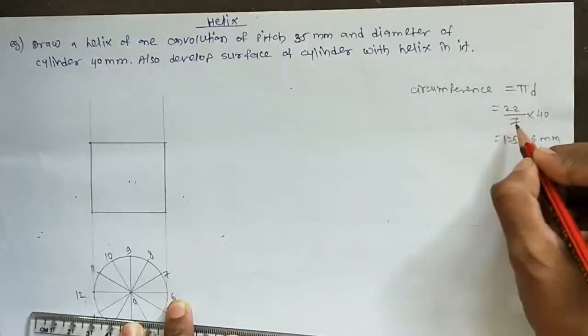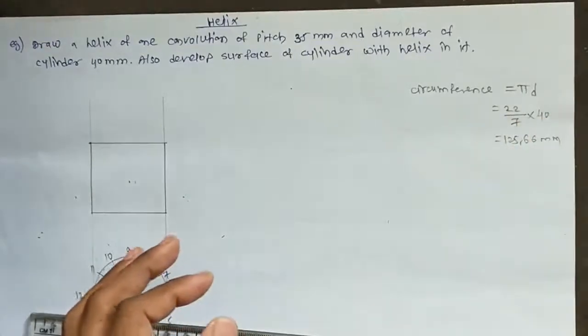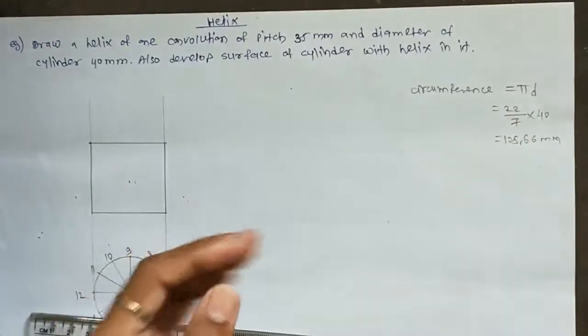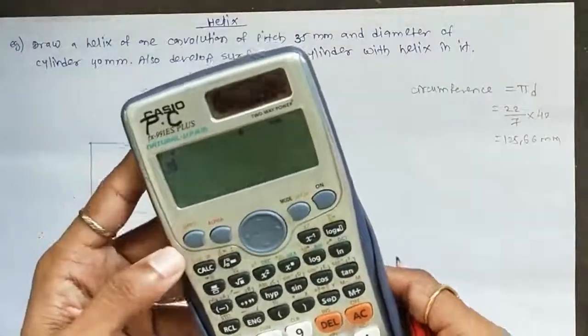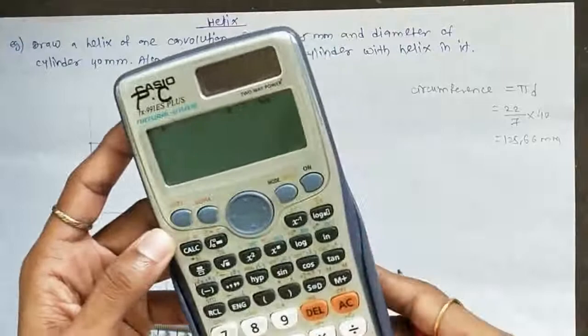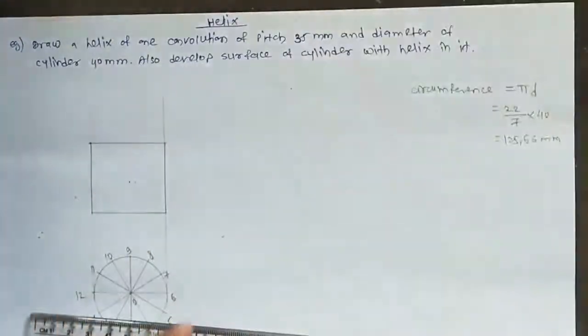Then pi is nothing but 22/7 and diameter is 40. So you can calculate this on calculator. So pi into 40 is nothing but 125.66.